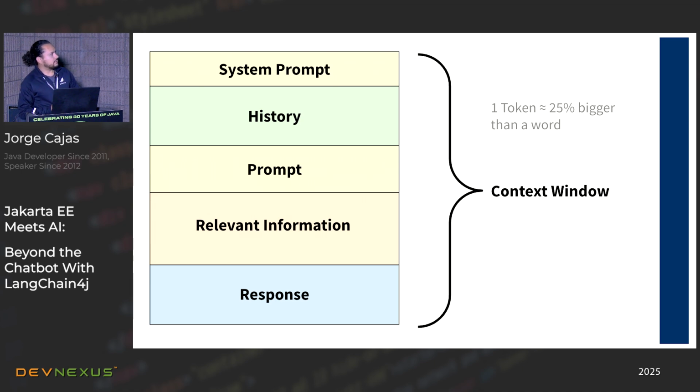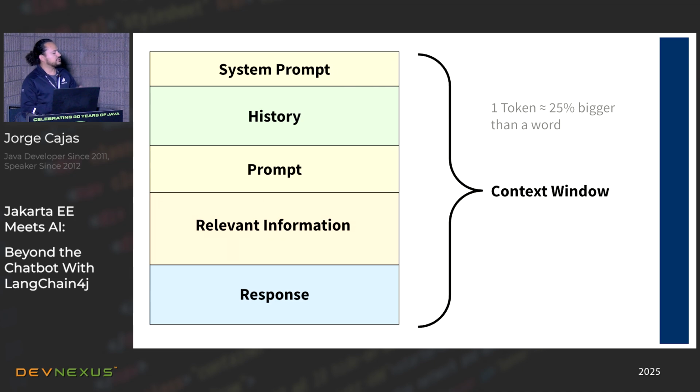But you need to know that the context window is measured in tokens. One token is roughly 25% bigger than a word. So, for example, if you have a document with 100 words, maybe you're going to consume 125 tokens, approximately. And you need to be very careful on how you manage this memory or this context window.